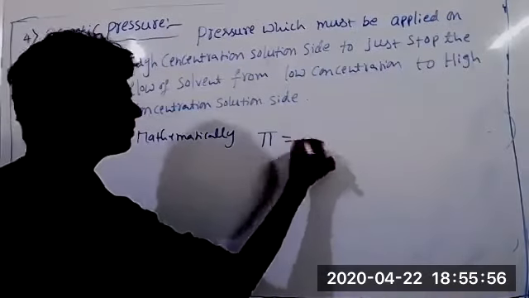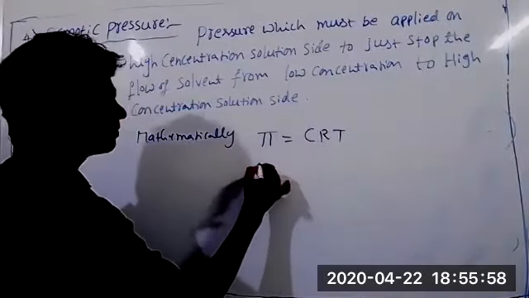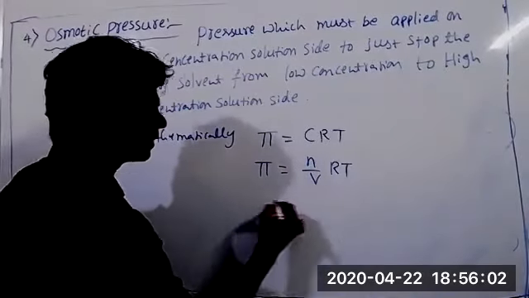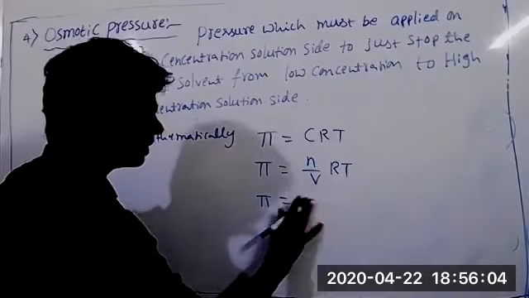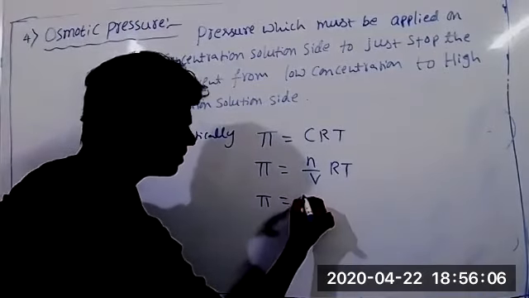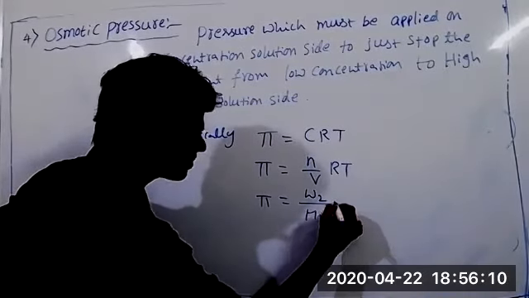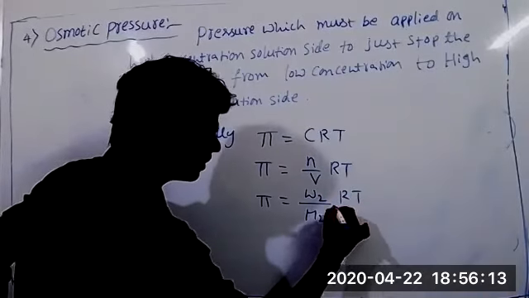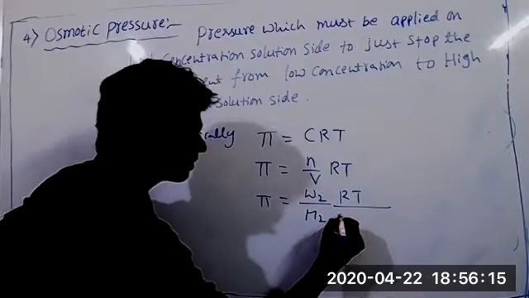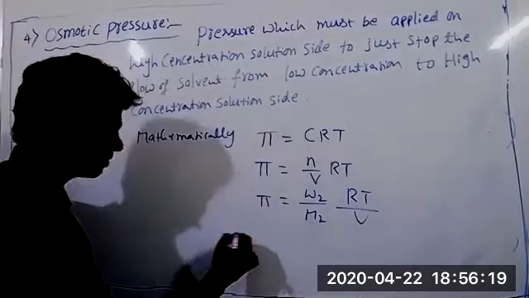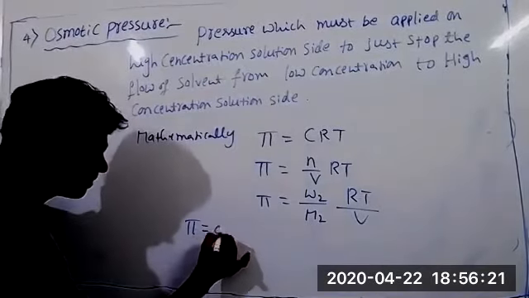Phi is equal to CRT. Phi is equal to C, meaning n by V, RT. Phi is equal to n, meaning W2, weight of solute, divided by molar mass of solute, RT, and here V is volume of solution. So, phi is equal to osmotic pressure.